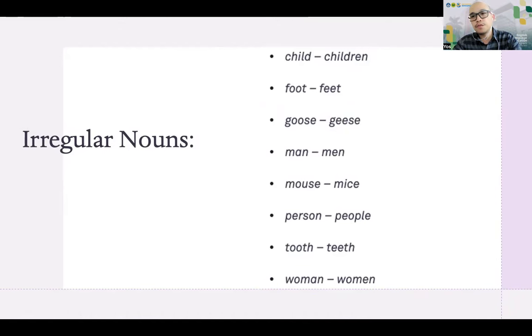Foot becomes feet, goose becomes geese, man becomes men, mouse, mice, person, people, tooth, teeth, woman, women. So they are irregular. No specific rules govern the way they take the form of the plural. So it's kind of random, but I think they have their own histories, but we are not going to talk about their histories here.